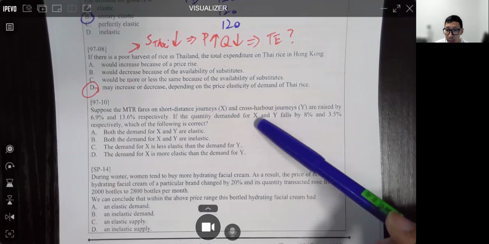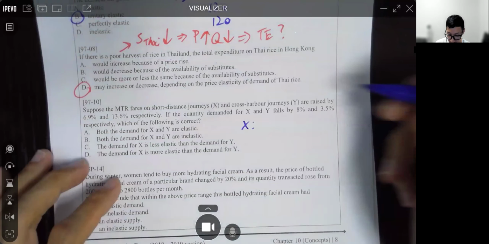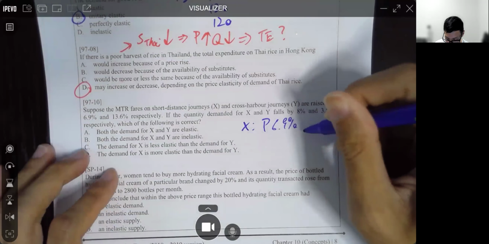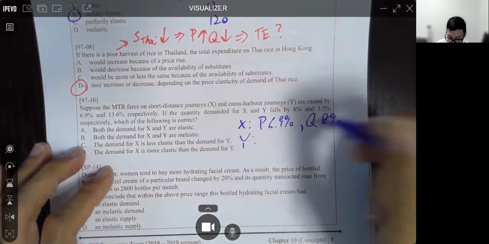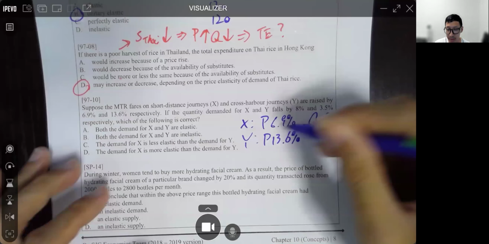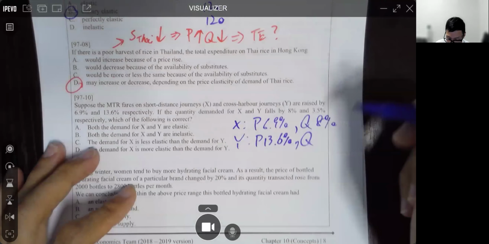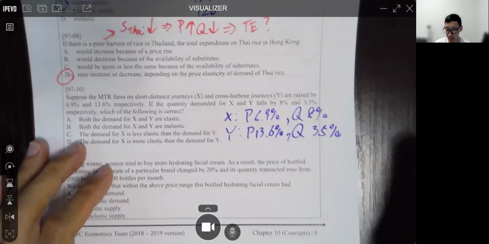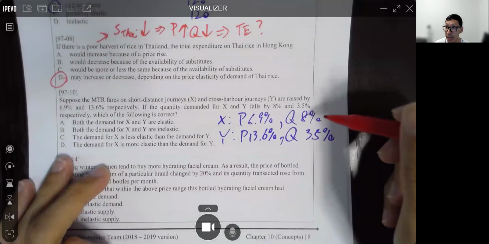Suppose MTR fares on short distance, which we call X, and cross harbour journeys, Y, are raised by this percent and this percent. Let's look. For X, P changed by 6.9%, Q changed by 8%, while for Y, P changed by 13.3% while quantity changed by 3.5%. What can we conclude about X?